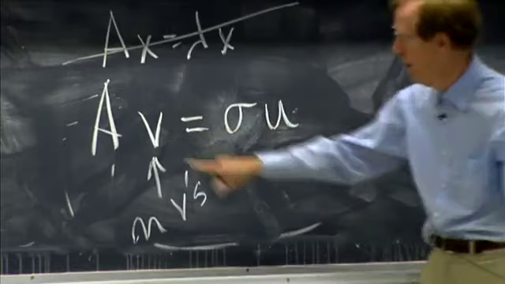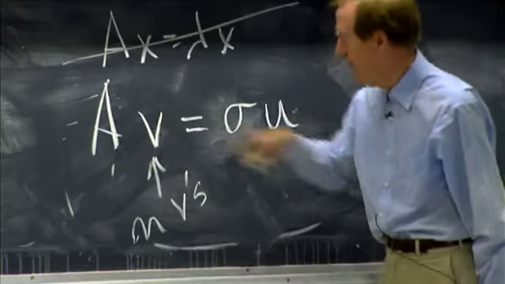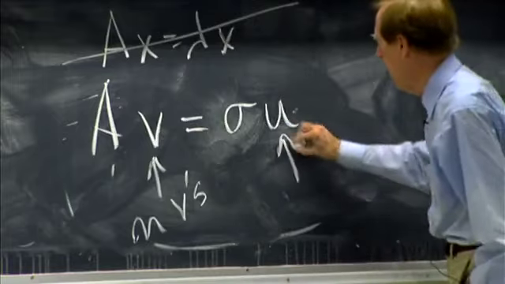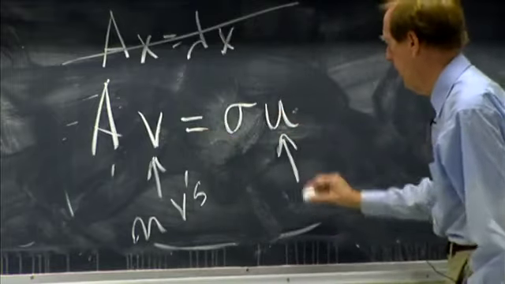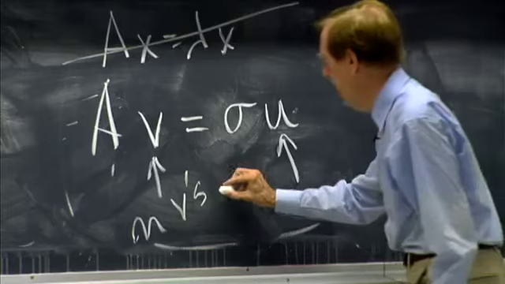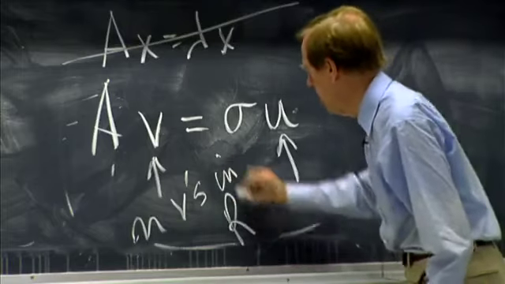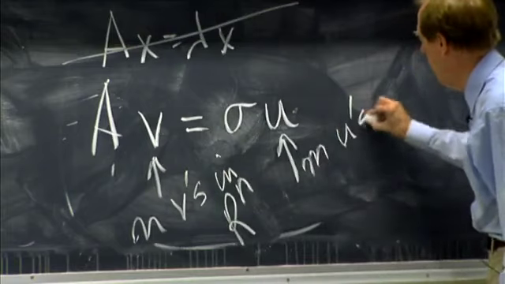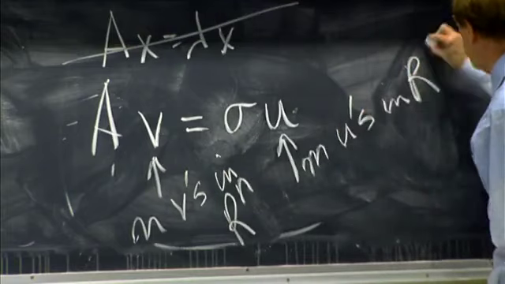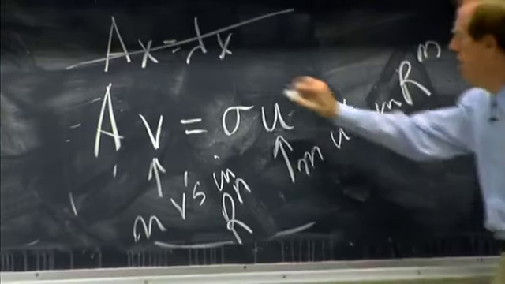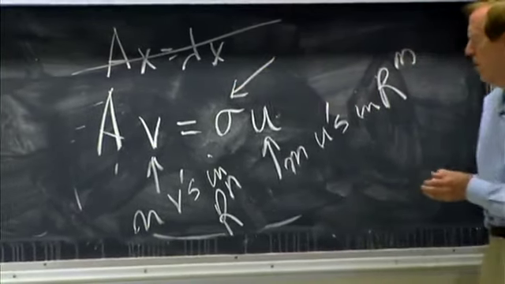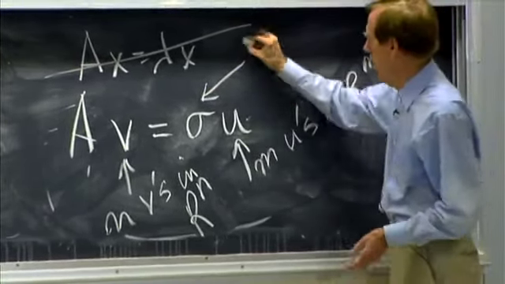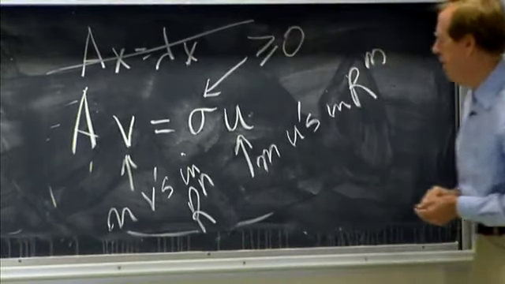They're called right singular vectors because they're sitting to the right of A. And these outputs are u's, m of these, m u's in m-dimensional space. And these things are numbers, of course. And actually, they're all greater than or equal to 0.